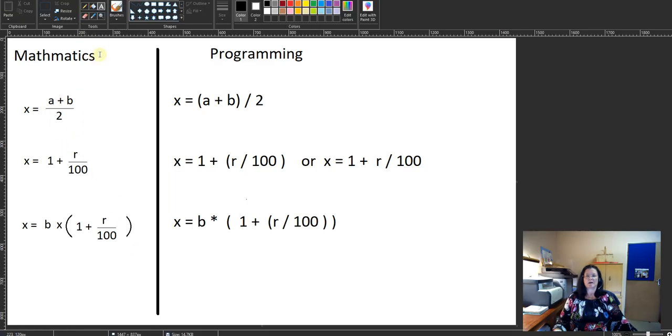Let's say I've got a slightly different last example.